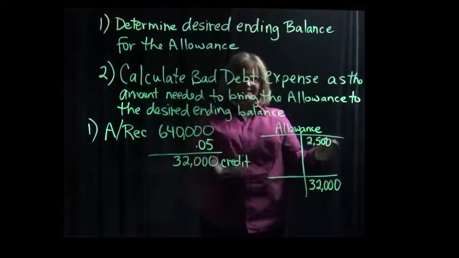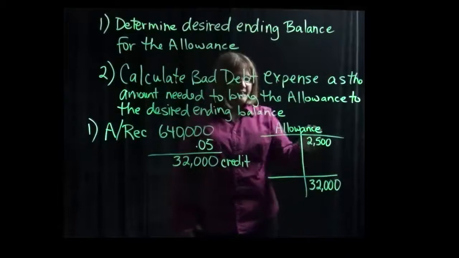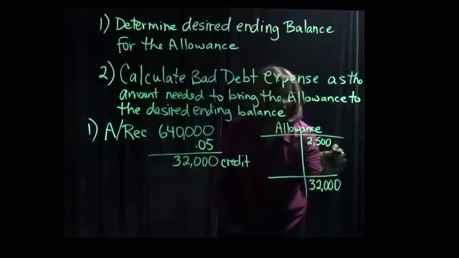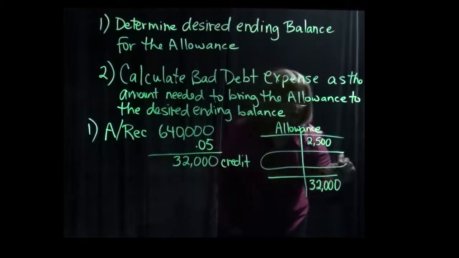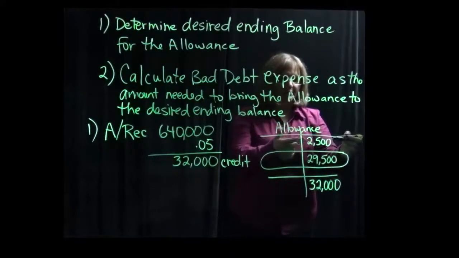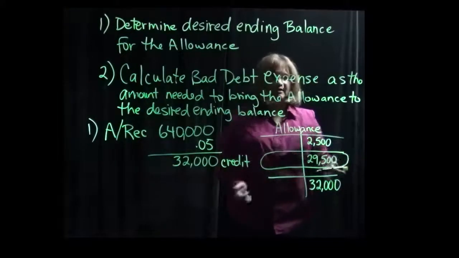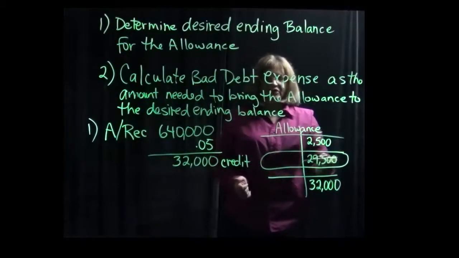That's the unadjusted ending balance in that account before we make any adjusting entry for bad debt expense. And that means that we want our bad debt expense entry to credit the allowance for $29,500, because to get from a $2,500 credit balance to a $32,000 credit balance, we need an additional $29,500.